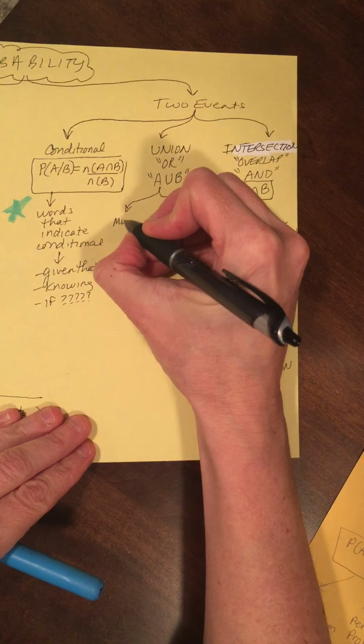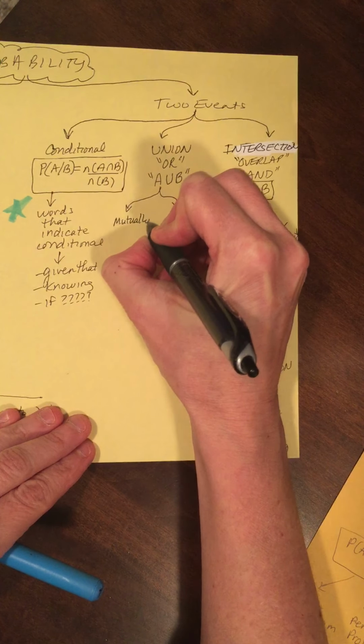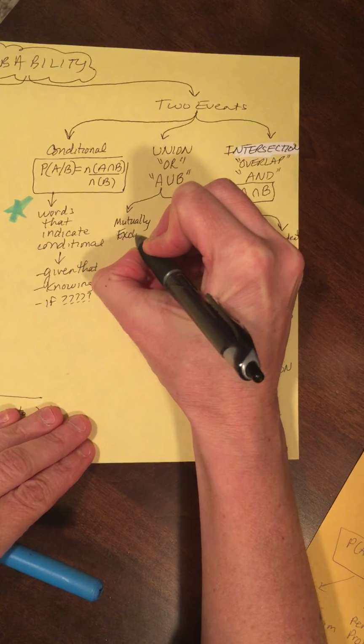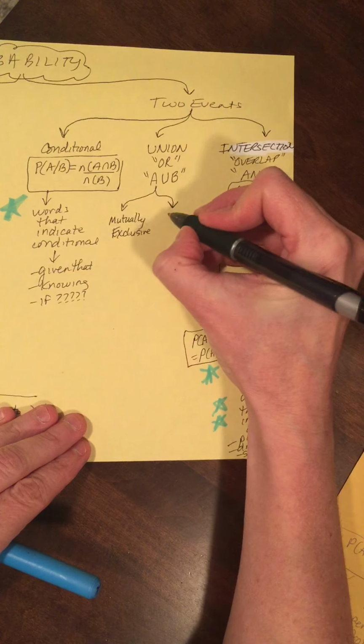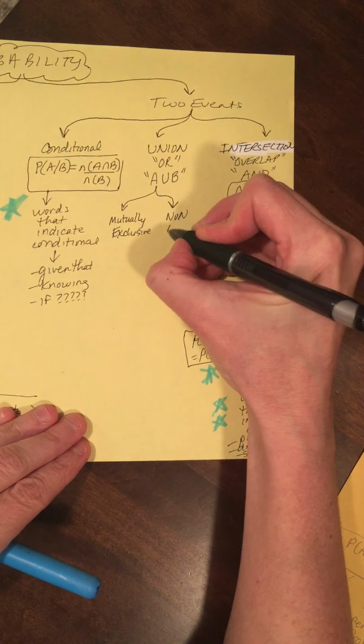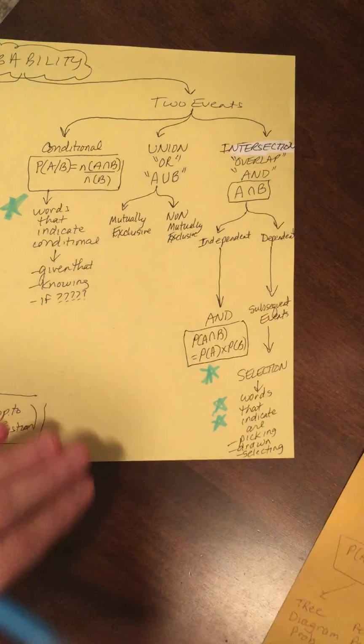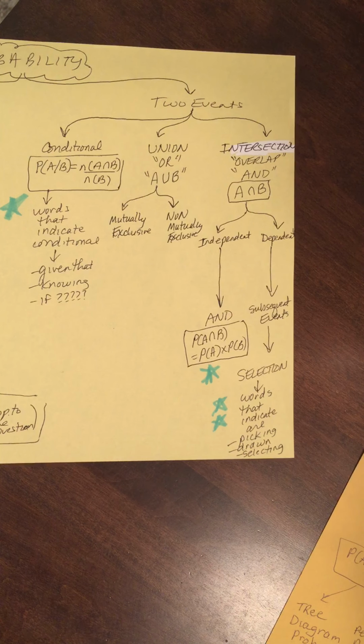We have mutually exclusive and we have non-mutually exclusive. Now, mutually exclusive, the classic silly example was the one brown eye, one green eye. So absolutely no overlap. Non-mutually exclusive would be the blonde hair with blue eyes example.